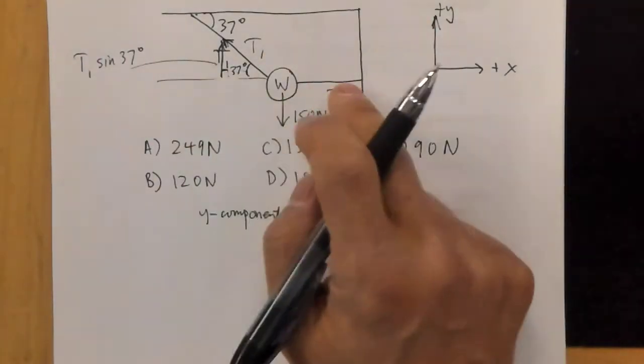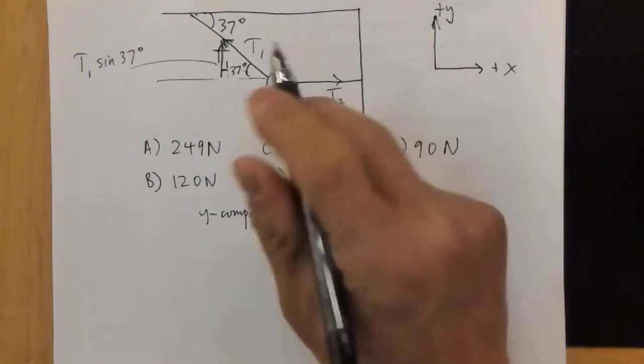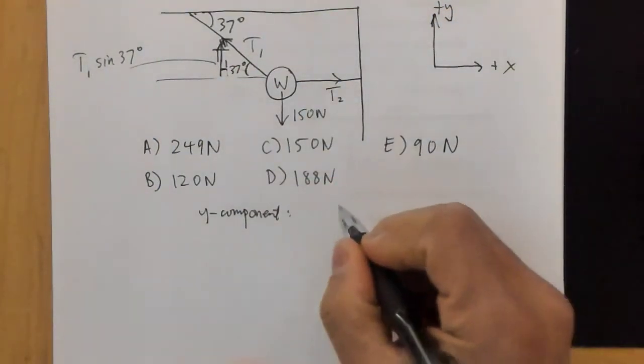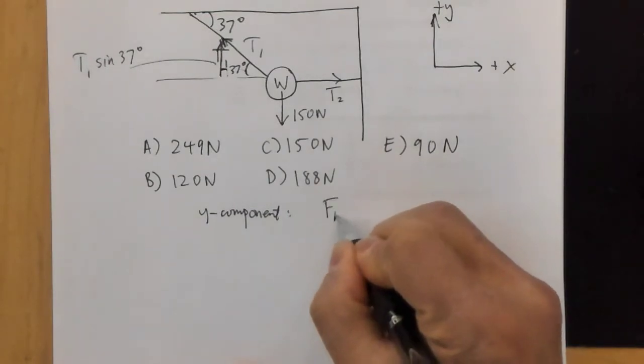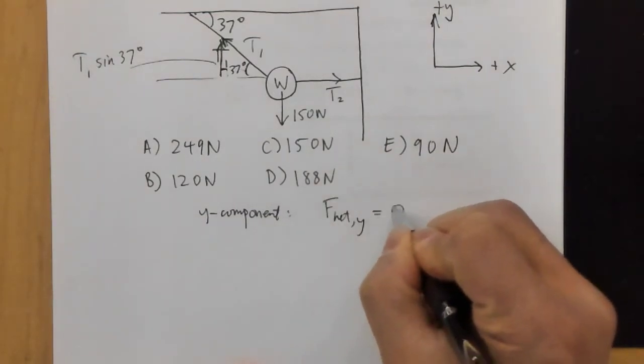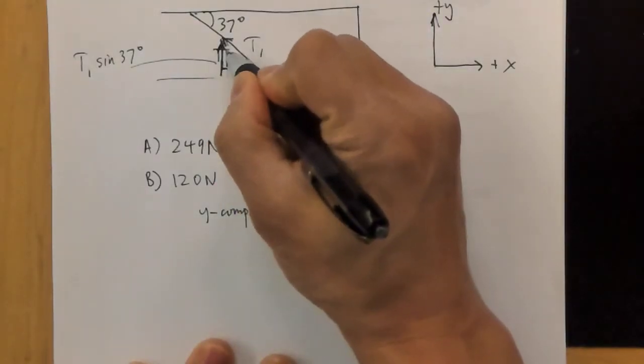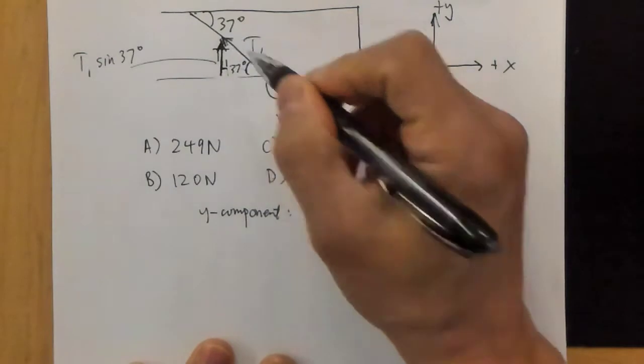All right. Because T2, as I said, is just in the horizontal direction, I don't need to consider that. So now in the y component, the net force has to be equal to 0. That's the y component of T1.